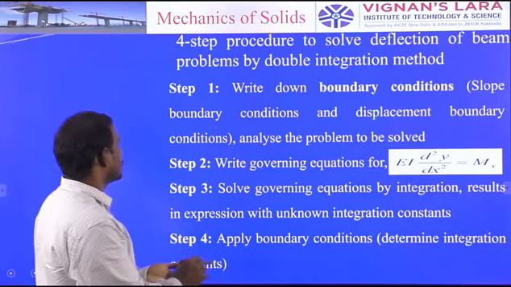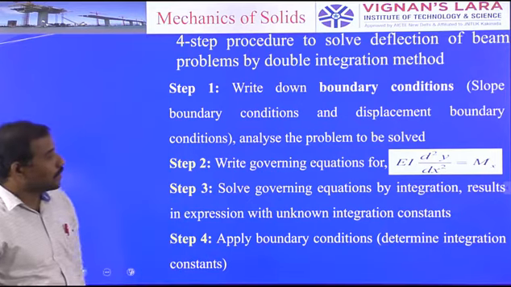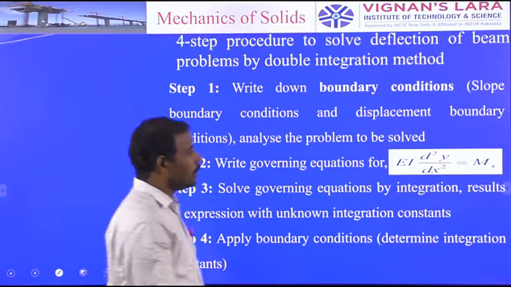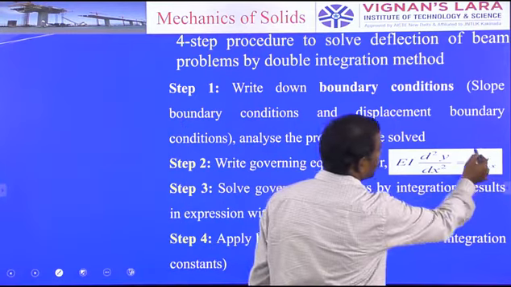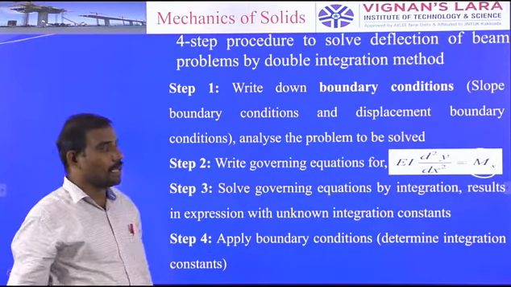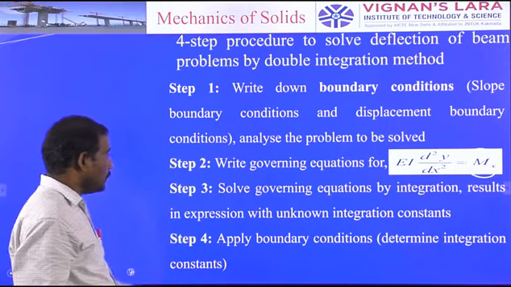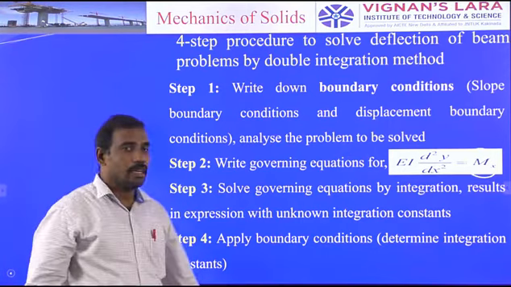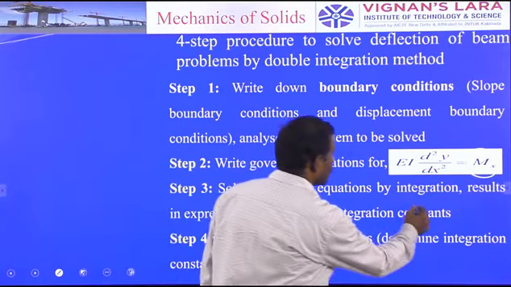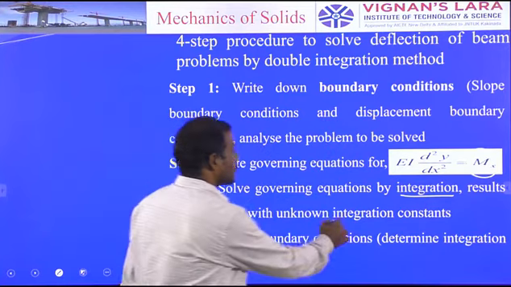For the second step, as we know the governing differential equation EI d square y by dx square, here we have to concentrate on formulating the bending moment equation Mx for the particular problem. Then solve the governing equation by integrating, with unknown integration constants. How do we calculate the integration constants?